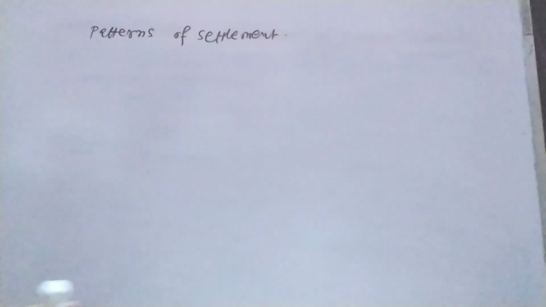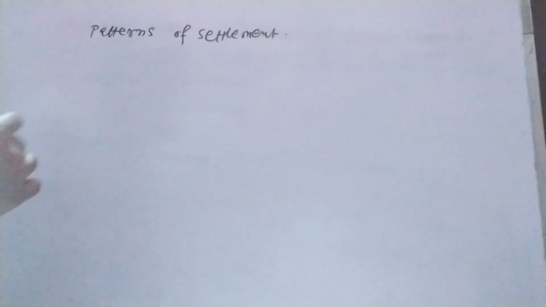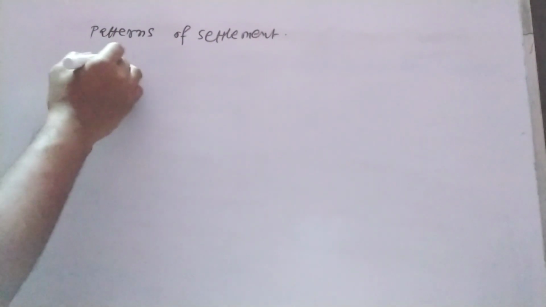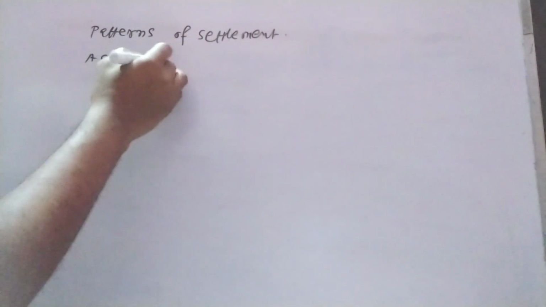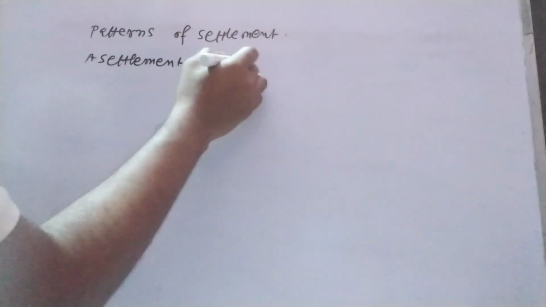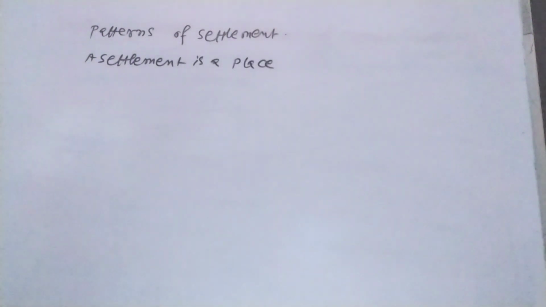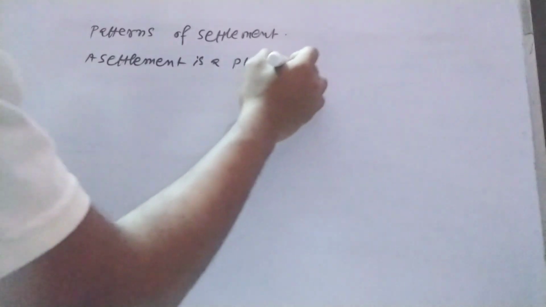Now, patterns of settlement. So what is settlement? Now, a settlement is a place where people construct their houses.